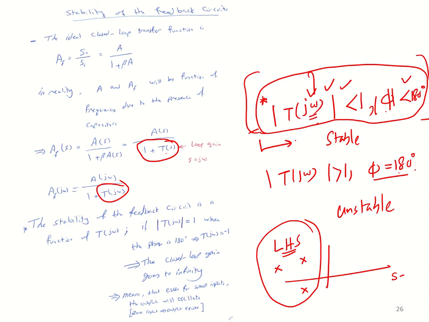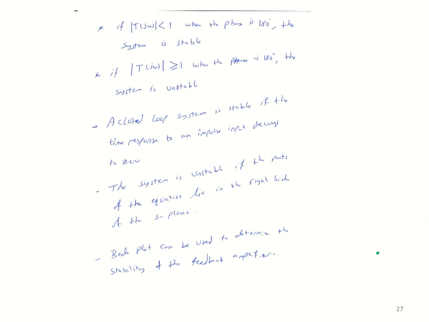Now, to further understand this, let's have a look at one thing. Typically the Bode plot of the loop gain looks like this. We have a maximum value, like this is the magnitude, any value, and it gradually decreases.